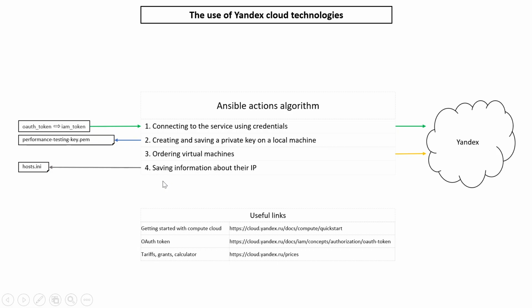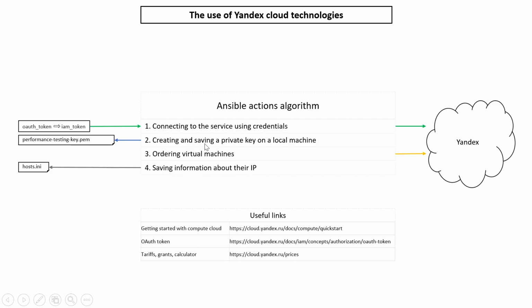First of all, it is necessary to exchange the so-called OAuth token for a temporary IAM token, with the help of which the virtual machines of the stand will be ordered. Next, we need to generate a private key, which we will save to the local working machine, as well as a public key, which we will transfer to the newly created virtual machine.